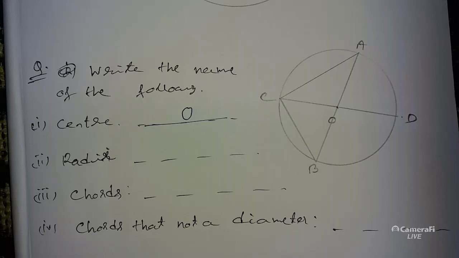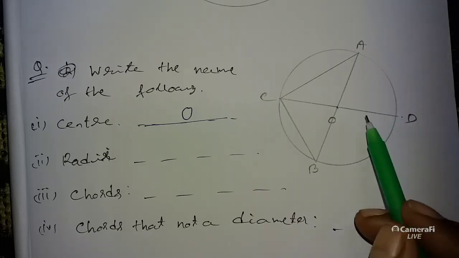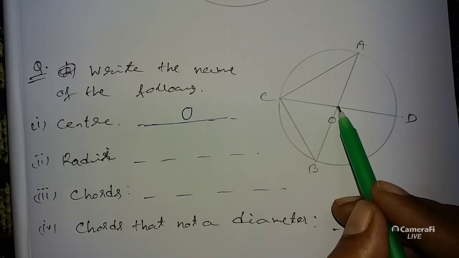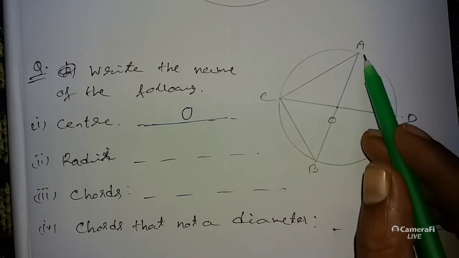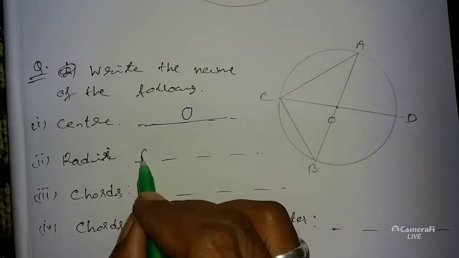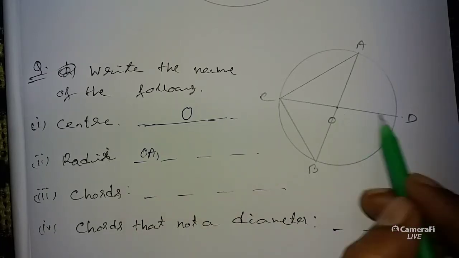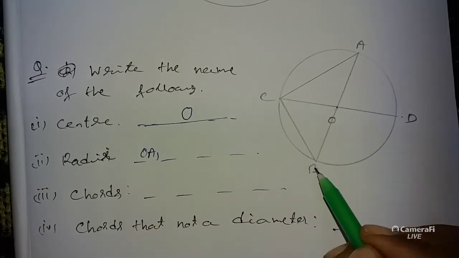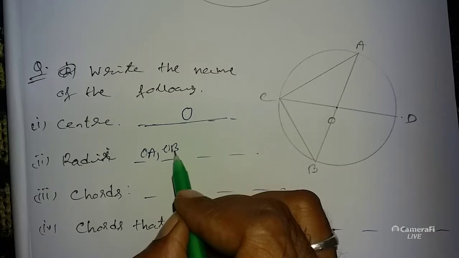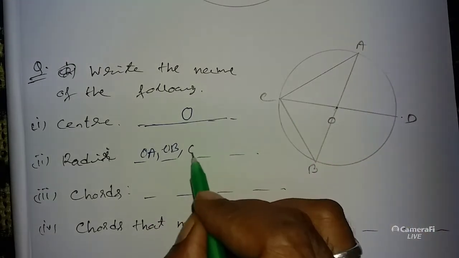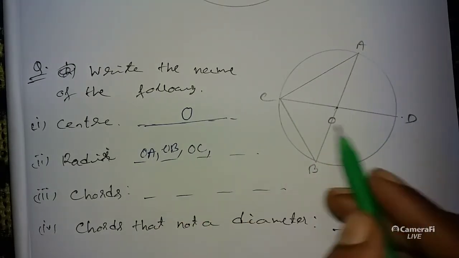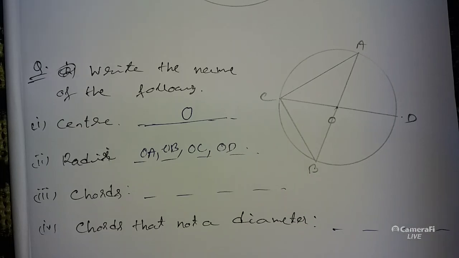So you have to write down the name of all the radii from the figure. O point is joining to the circle, on the circle a point A. OA is a radius. Then OB is a radius. OC is another radius. OD is a radius. So total 4 radii are there.